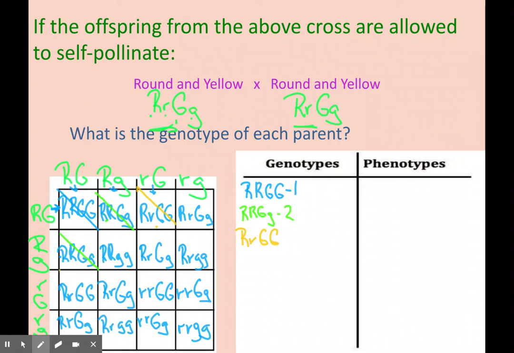There's one, there's two. I think that's all. So we've got two of those. Now if we look at this one, we've got big R, big G, little g. So we've got 1, 2, 3, 4 of those.